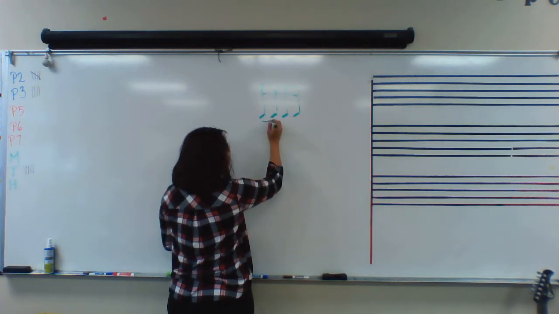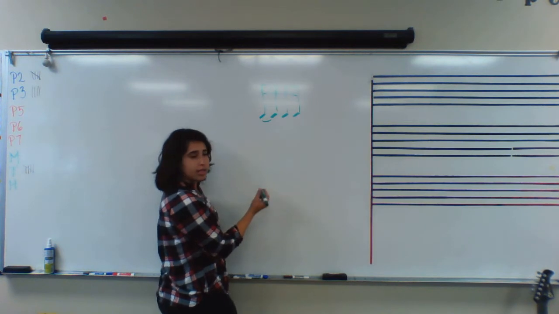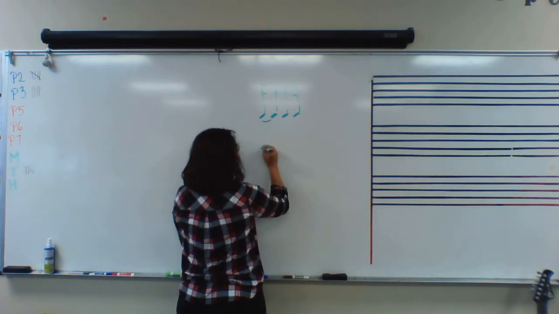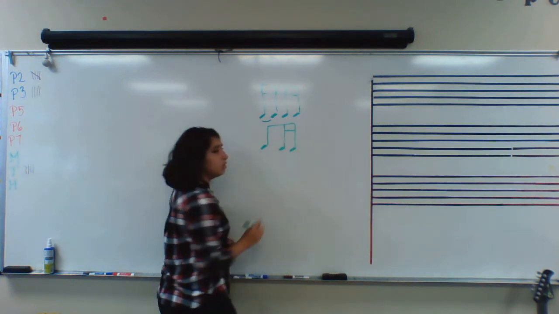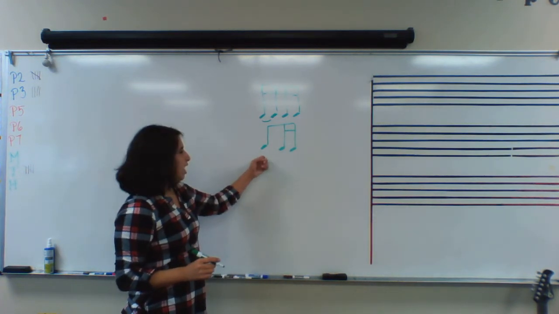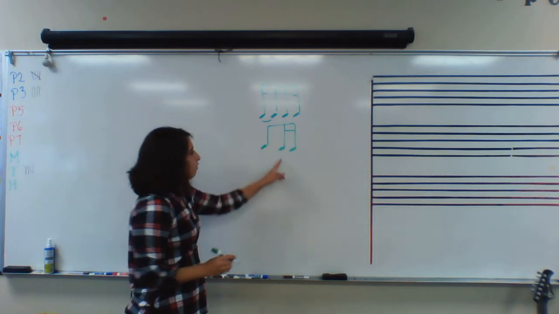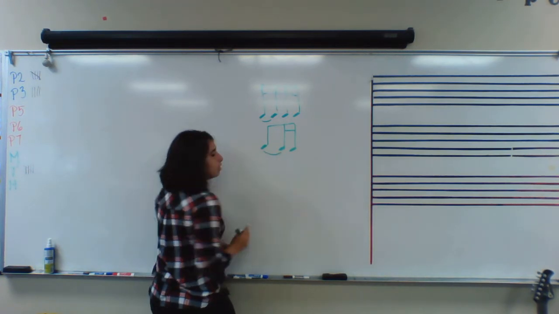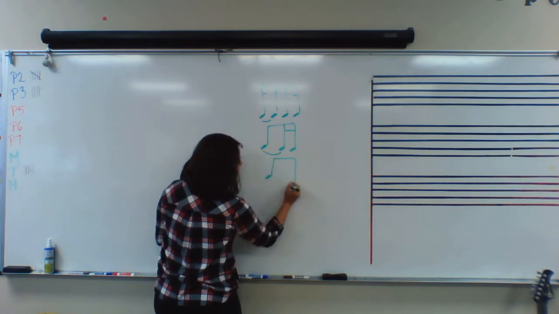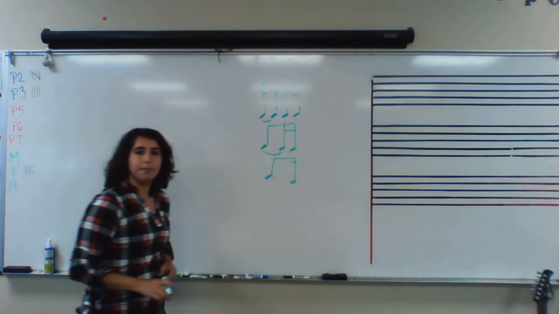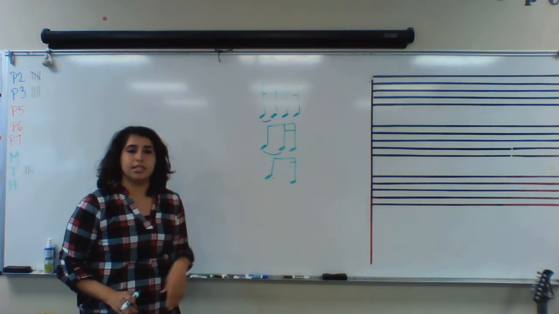If I were to tie these two together, this would end up looking like this. Sometimes they beam them together, so it's an eighth note and two 16ths. Now, if I wanted to tie these ones together, then it would look like this, with a dot next to it and a small double line there. That is a dotted eighth 16th.